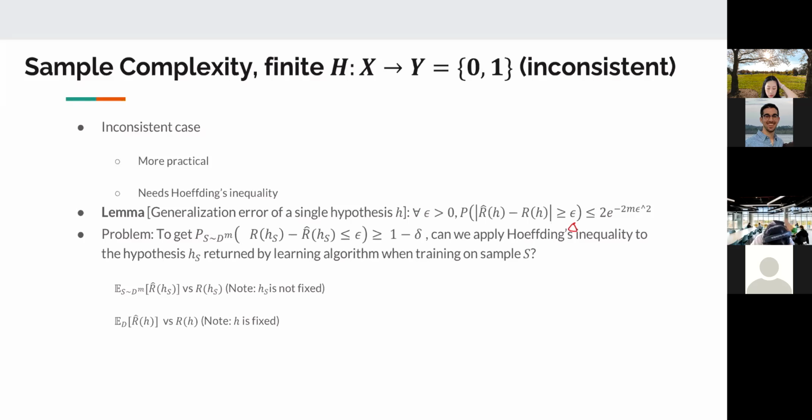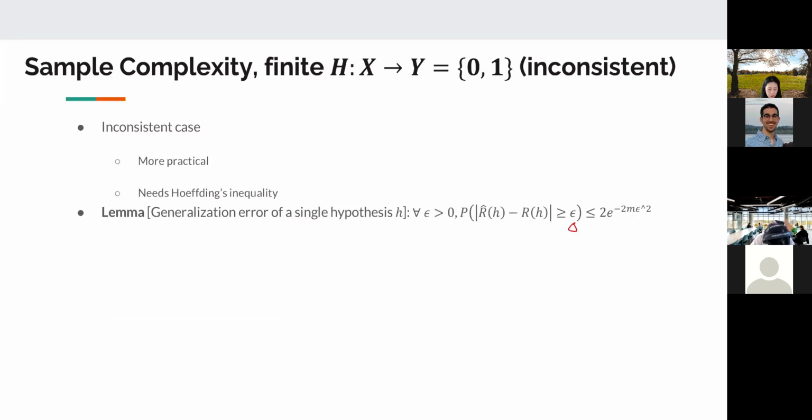Anyone want to let me know whether you have some ideas of why I have such a lemma, the generalization error of a single hypothesis? Can you think of an explanation for this? What does this remind you of? Think about the concentration inequalities we've learned.